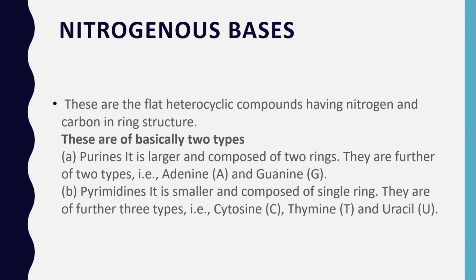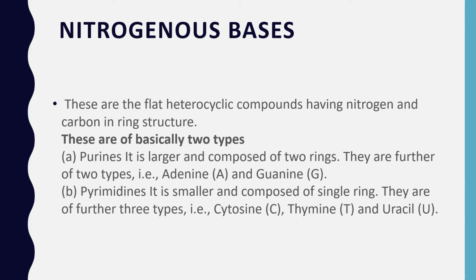Now begin with, as I told you, there are three components: nitrogenous base, ribose sugar, and the phosphoric group. So nitrogenous bases are flat heterocyclic compounds having nitrogen and carbon in the ring structure. You should know this.